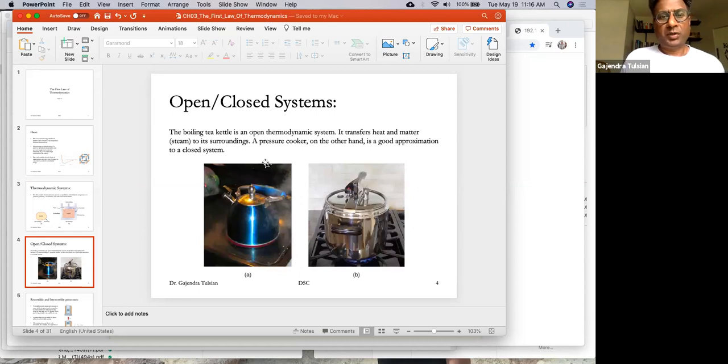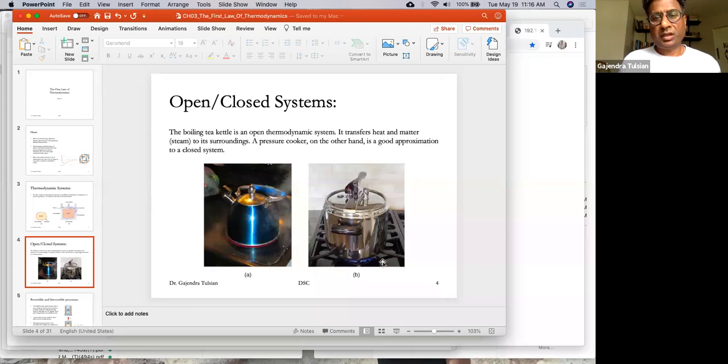Let's talk about open and closed systems. The system is the water and steam inside. And this system is open because the system particles can escape into the surroundings. So this is an open system. Here is a closed system, the system being the water and steam and air inside.